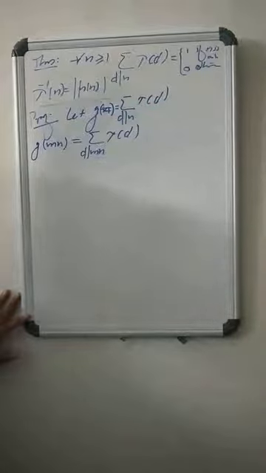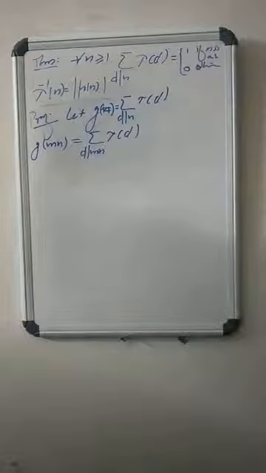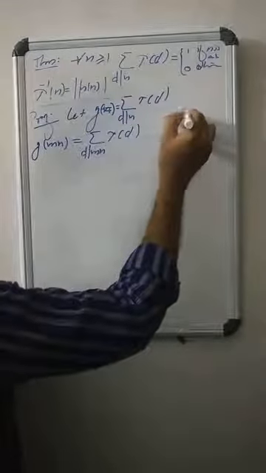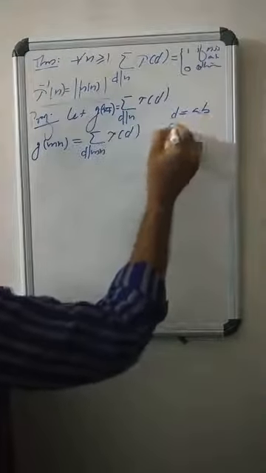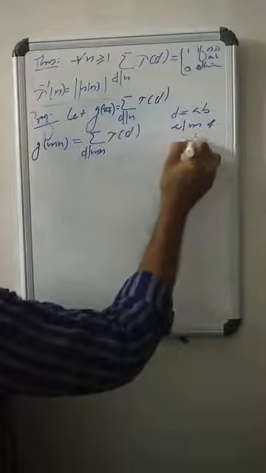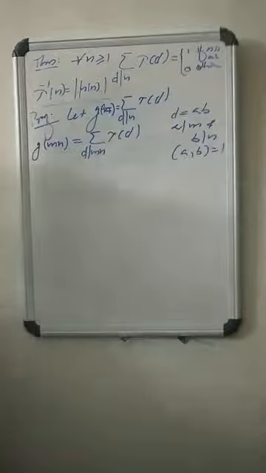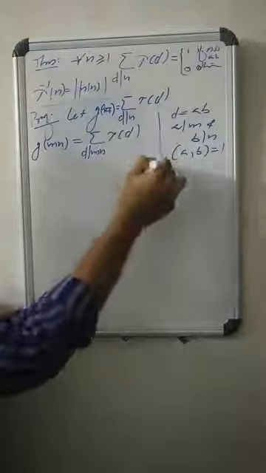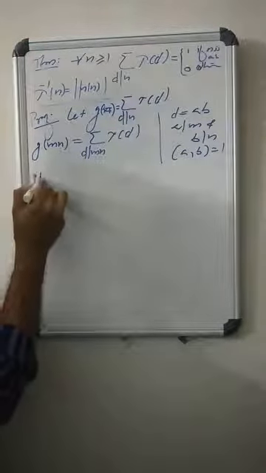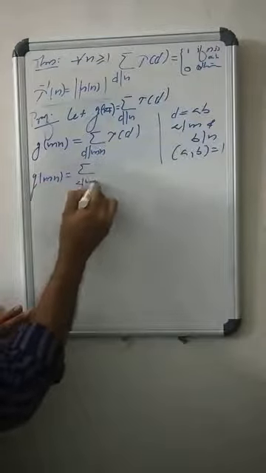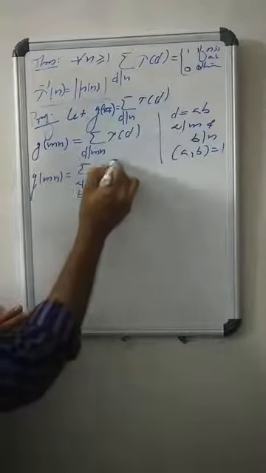Here d is a divisor of mn and is of the form ab, where a divides m and b divides n, with a and b relatively prime. So g(mn) equals the sum over a dividing m, b dividing n of lambda(ab).